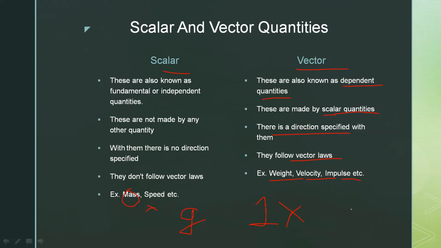Generally we take g as 10 meter per second square in ninth standard, but when you go forward you will use 9.8 meter per second square.